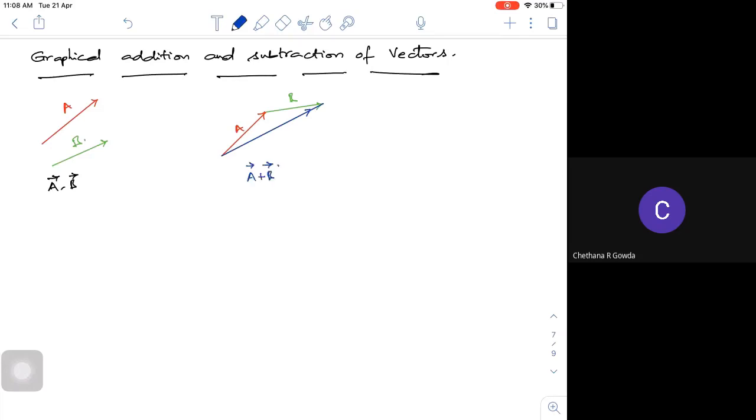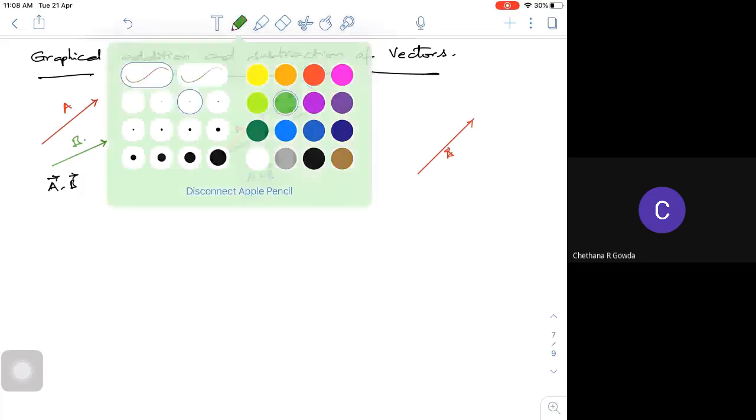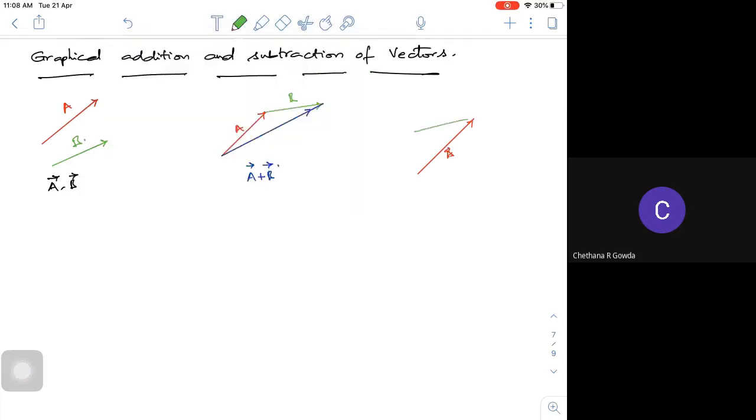Fine. Suppose I want to do a vector subtraction. So in that case, what I will do actually, if I take the vector A, it's like this, vector A is like this, and vector B is like this.